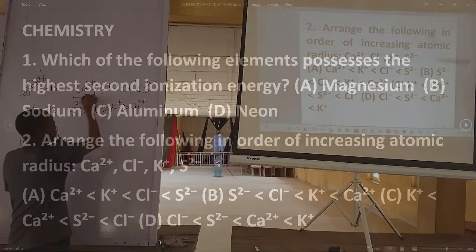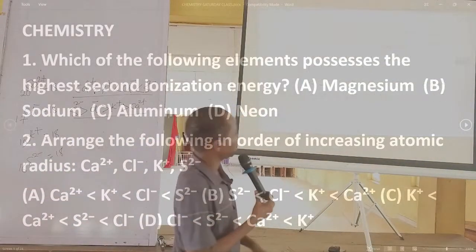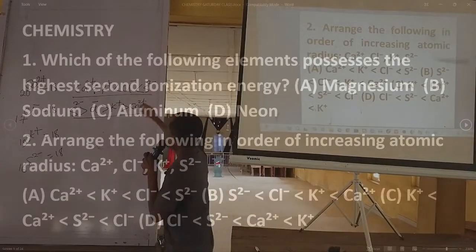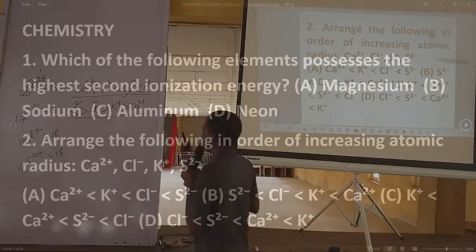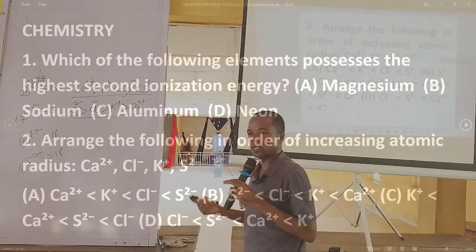This is increasing order, this is decreasing order. But the question was asking us about increasing order, so the correct order is going to be this. And if you look at the options, that is option A. So it's as simple as that.